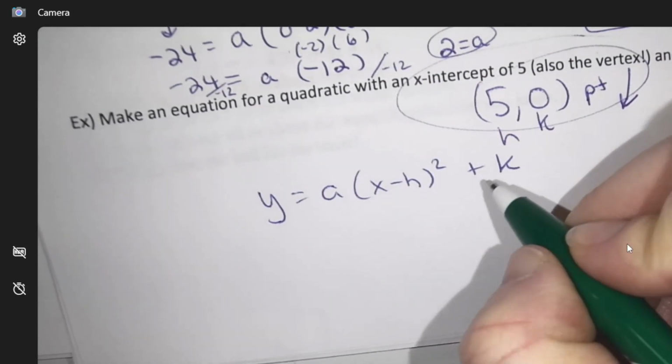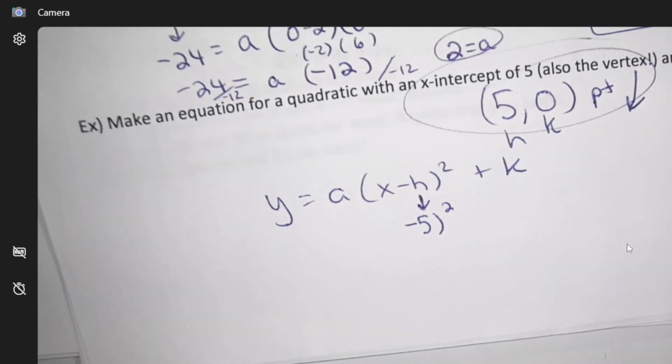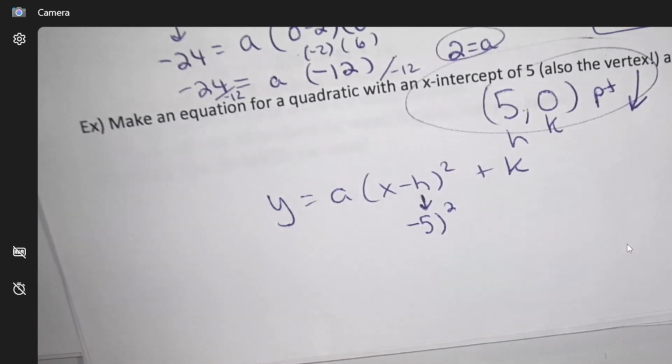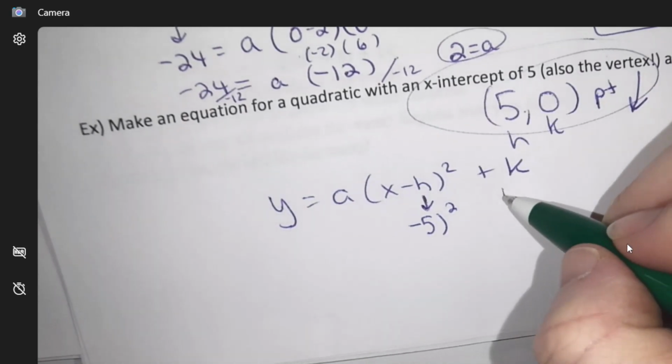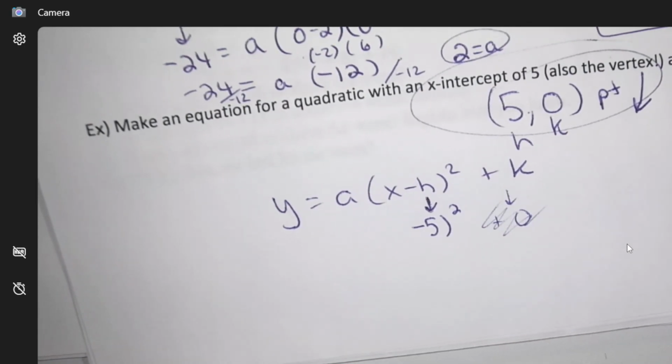Okay, so under the H, I'm going to write subtract 5, opposite, because this was positive 5, so I'm going to go subtract 5. Under the K, I am going to put plus 0, or I'm not going to put anything, whatever, doesn't matter.